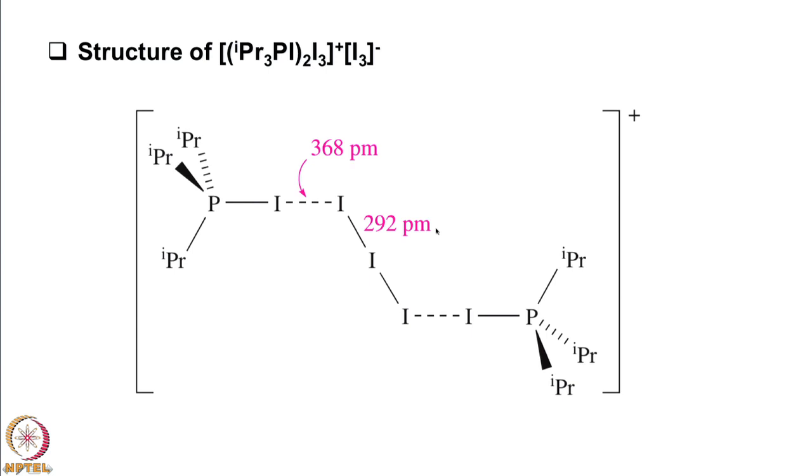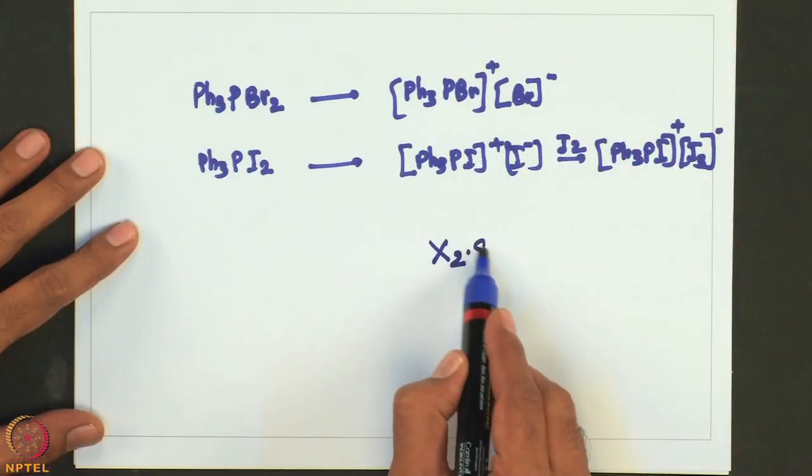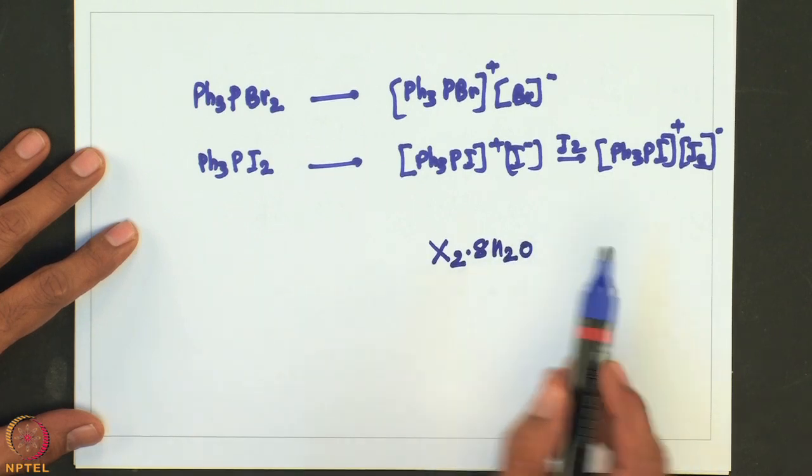So, let us look into the Clathrates. Dichlorine, dibromine and diiodine are sparingly soluble in water. By freezing aqueous solutions of chlorine and bromine, solid hydrates of approximate composition X2·8H2O may be obtained.